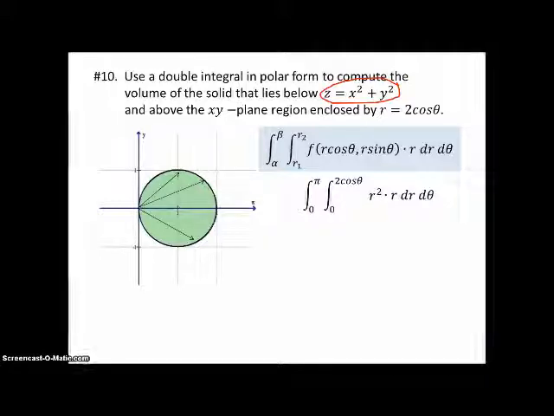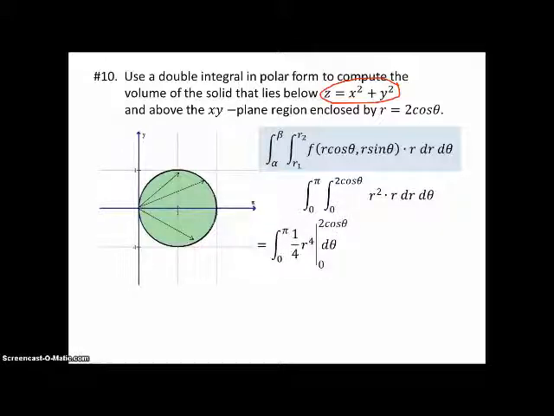r is going to move from 0 out to the curve 2 cosine theta, and this curve is entirely drawn from 0 to pi. So you have to be a little bit careful about those theta limits. They're not always 0 to 2 pi. If you went 0 to 2 pi, you'd get double the answer. Then we also have our r dr d theta.